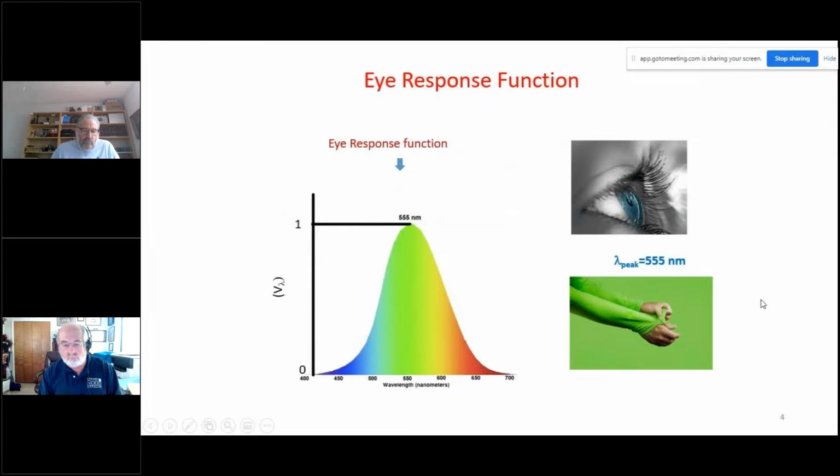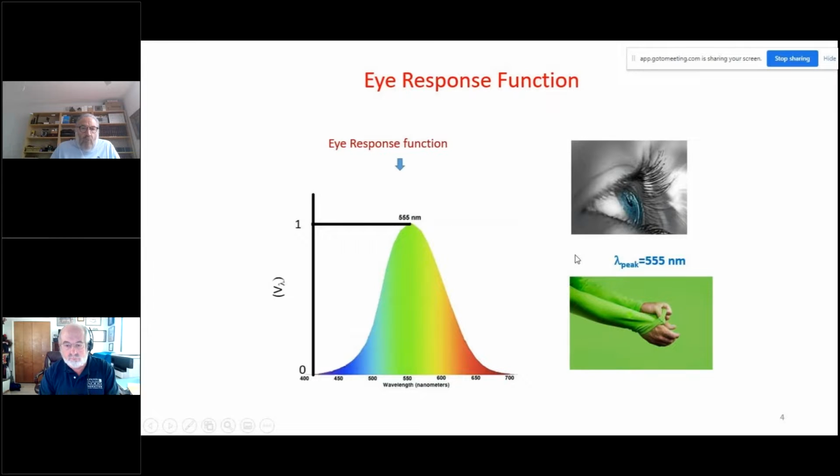Okay, so let's talk about the eye response function. The response function has a Gaussian profile with a 555 nanometer peak, which is this kind of green. And the question is, why is it at 555 and not any other wavelength? Is this a coincidence?